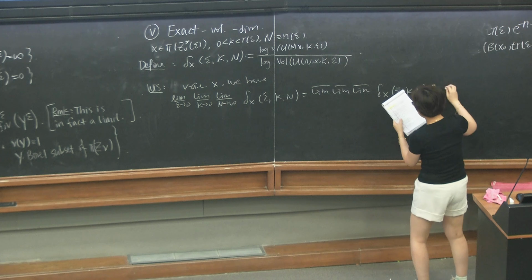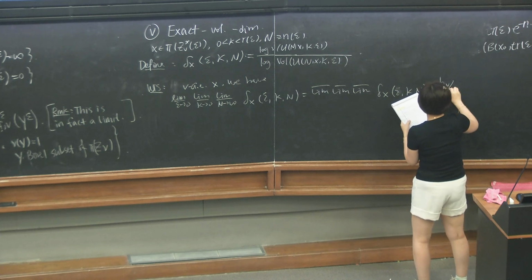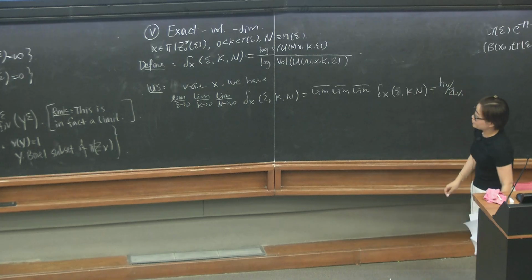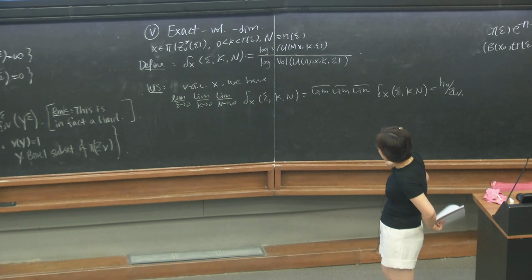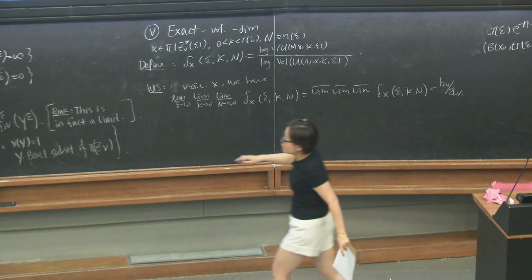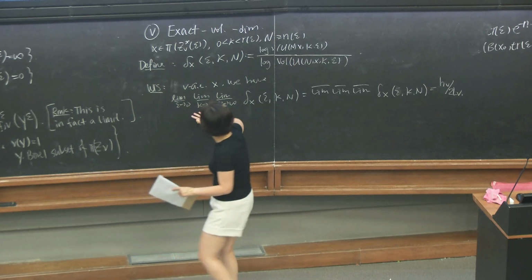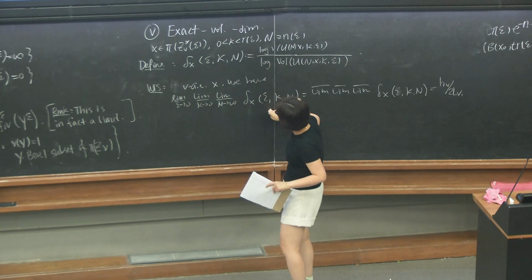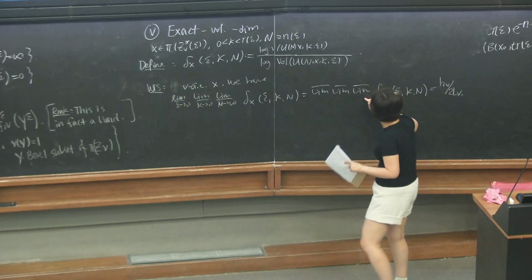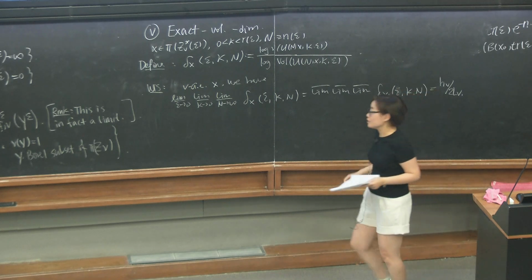This is going to be entropy over twice the Lyapunov exponent. Like in the last part, you want to prove the volume dimension is bounded below by this number and bounded above by this number, and that's how we prove it.